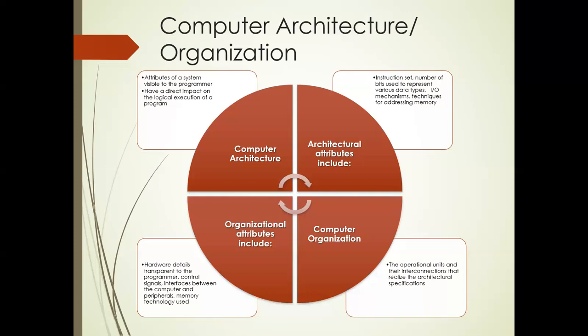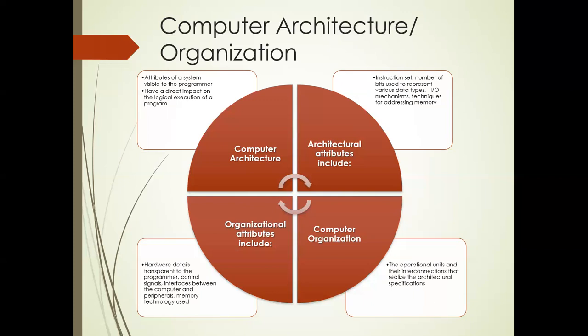On the other hand, the computer organization mostly deals with the hardware, things which are hidden from the programmer or the user. Those contain details of the hardware. For example, the control signals, the interface between the computer and the I/O, the memory technology, the type of the Ethernet card, etc. The type of the screen.